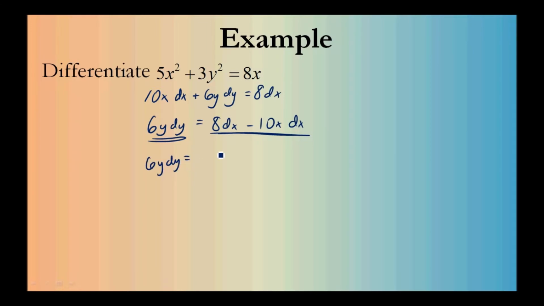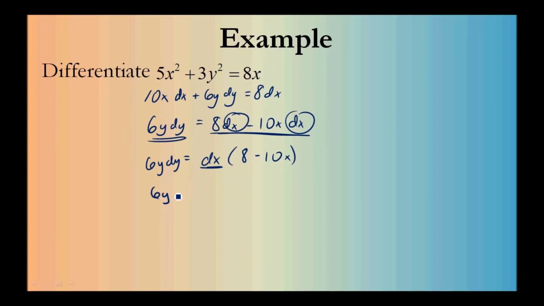6y dy is equal to, we'll factor out the dx as if it was a variable. It's not, but we can treat it as one here. So dx times (8 minus 10x). So we just factored out the dx. Now we divide each side by dx.